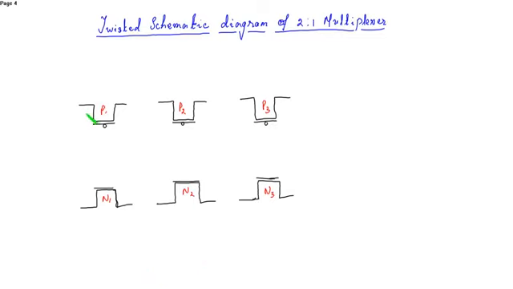Similarly, we have the terminals. This is drain. Similarly, this is the source and drain. This is the first transmission gate, then source drain, second transmission gate. This is again source drain and source drain. This is the inverter.